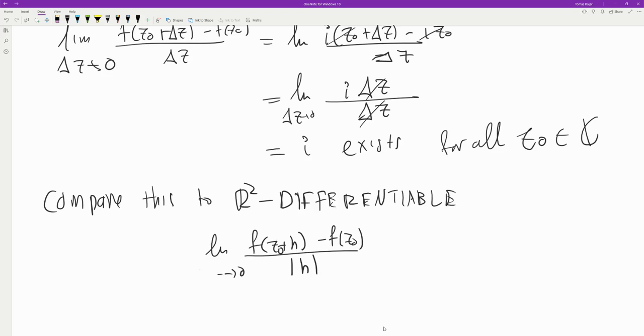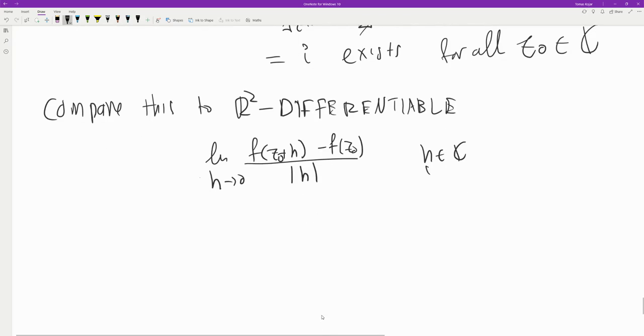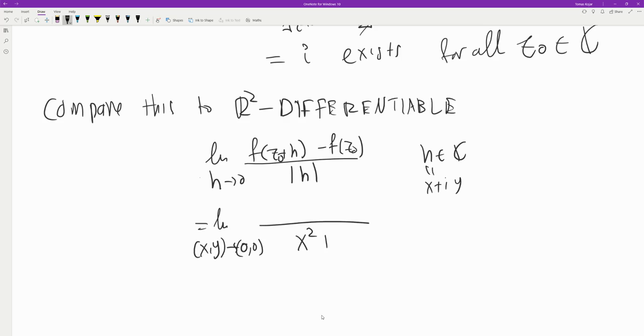So the difference here is we have the absolute value of h. h is a complex number, by the way. So this is x plus iy. So to bring it home, all we're saying here is that (x, y) goes through the origin.